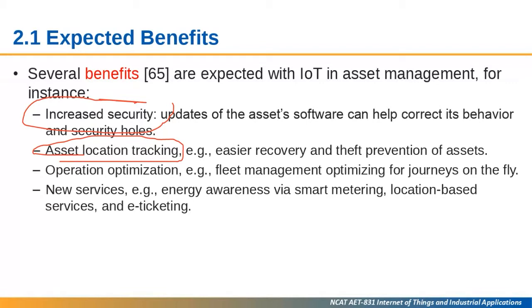And some of them actually have an RFID tag, so that nowadays, although it is still quite common, it is less often that your luggage will be lost. Usually they can still find out where it is and get it back to you maybe in a few days. But maybe 20 years ago, if your luggage was missing, it would be lost very often. And IoT also helps with operation optimization.